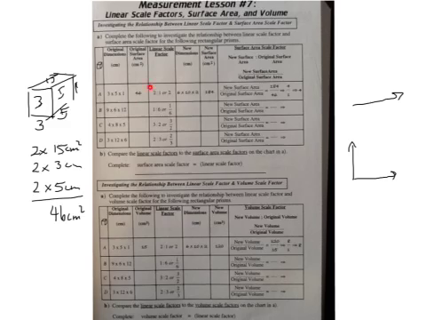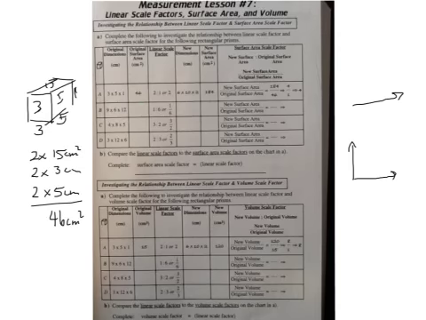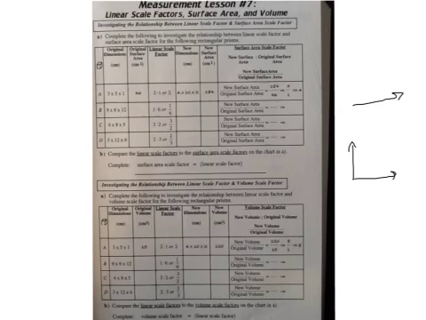Now we're going to apply a linear scale factor of 2, which means we're going to multiply every dimension by a factor of 2. Now if I do this quickly here, instead of having a 3 by 5 by 1 cube, we're now going to have a 6 by 10 by 2.